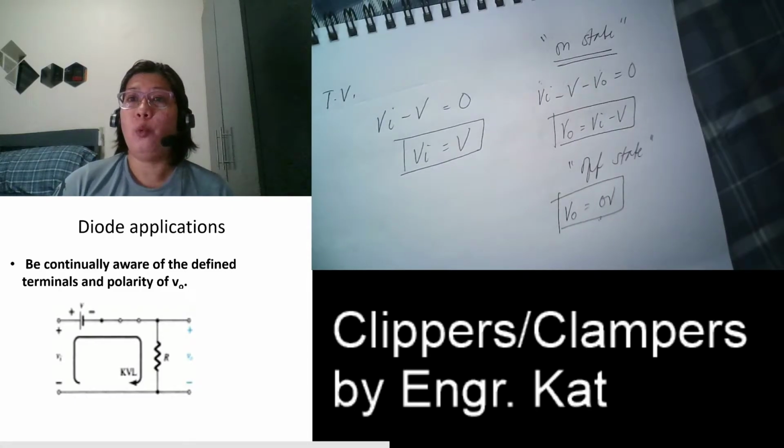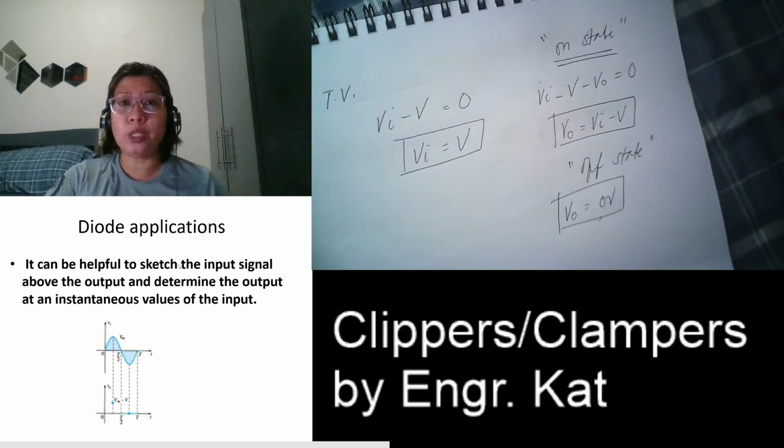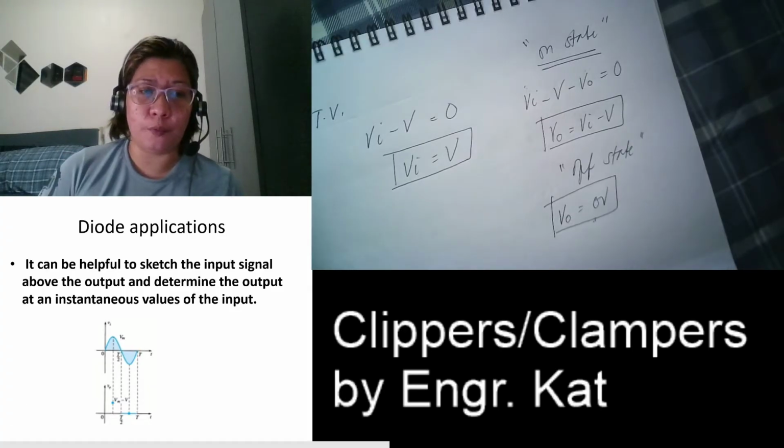Okay, what's next? It can be helpful to sketch the input signal above the output and determine the output at an instantaneous value of the input. So what do we have here? We can go back to this transition voltage.